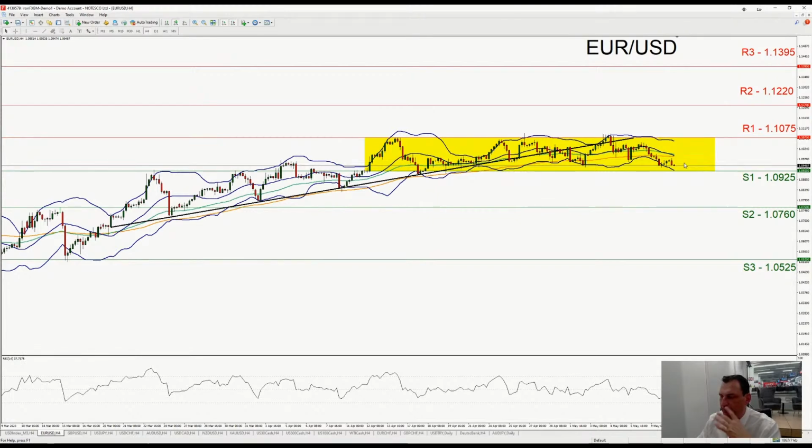On a fundamental level, I would note the comments made by Germany's Bundesbank President Joachim Nagel, where he practically stated that the ECB may be coming to a final stretch of its rate hiking path.